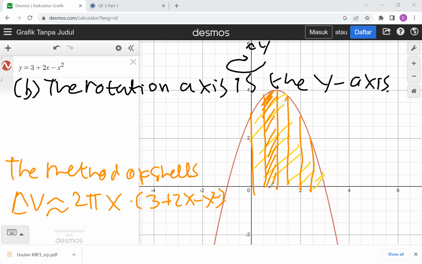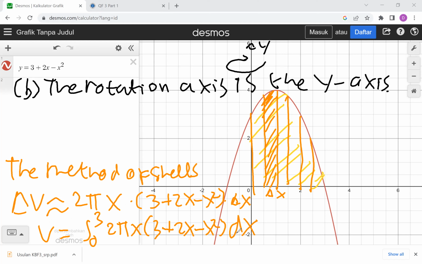Then multiply by the thickness, delta x. And V, after taking the summation and then the limit, equals the integral from 0 until 3 of 2 pi x multiplied by (3 plus 2x minus x squared) dx. Any question or comment?